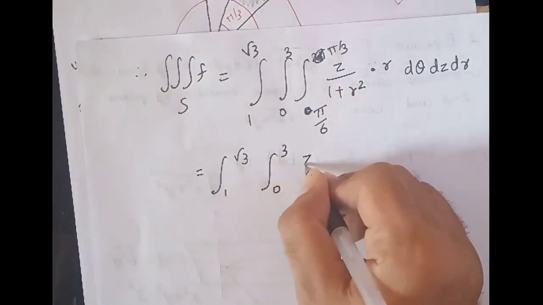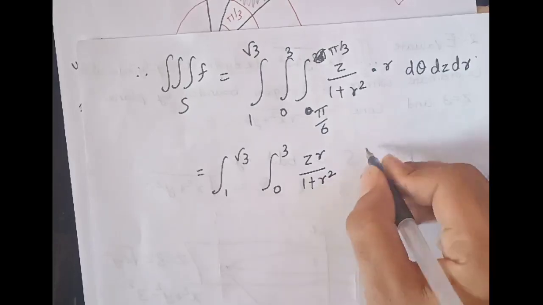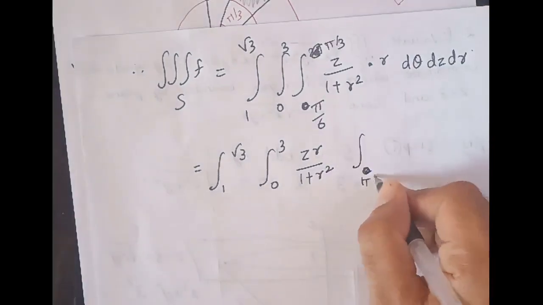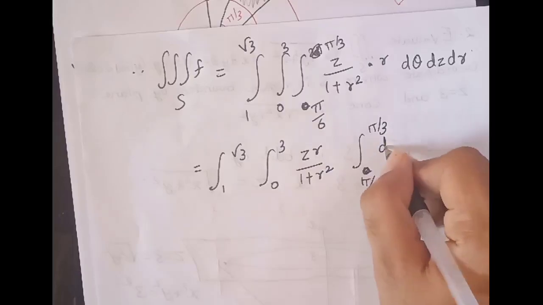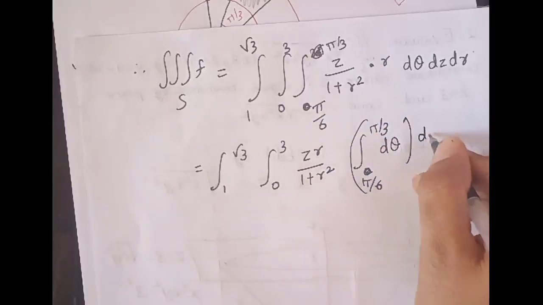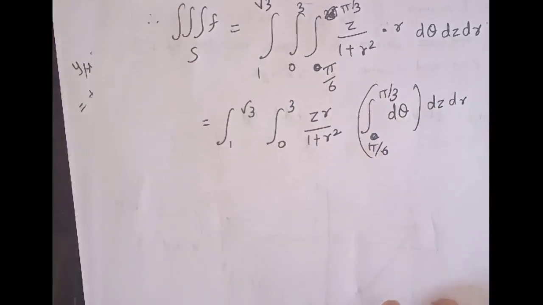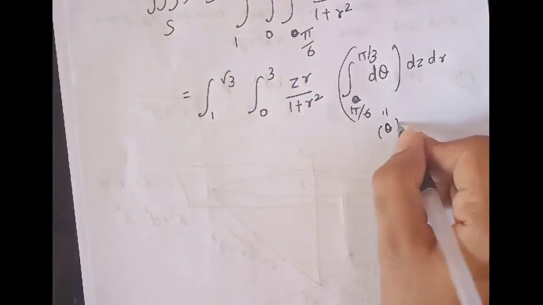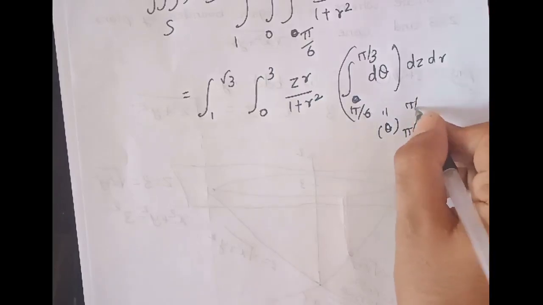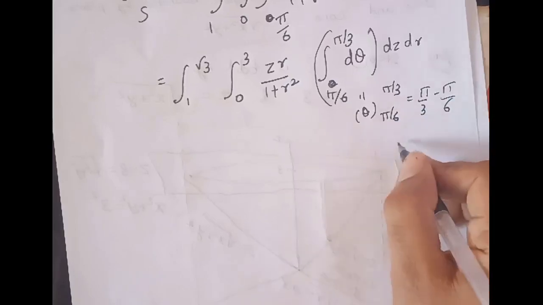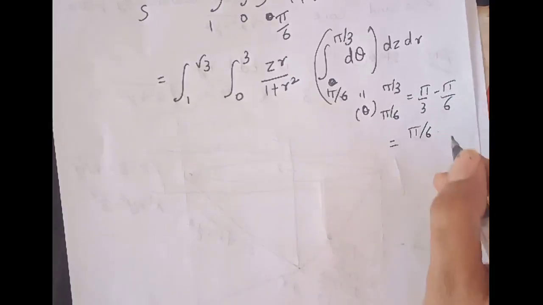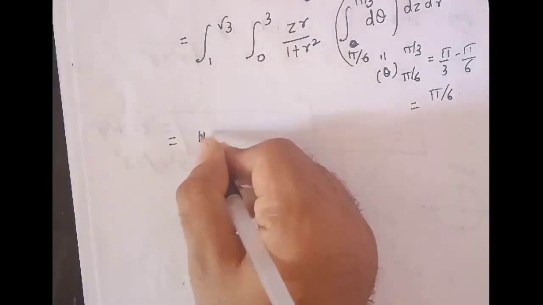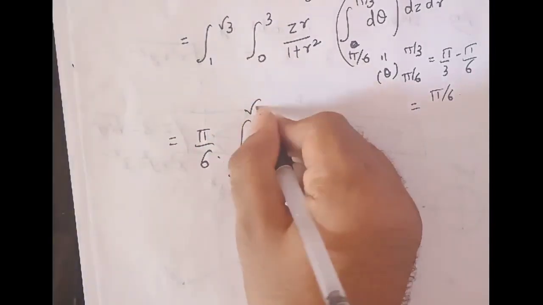So z from 0 to 3, z r upon 1 plus r square is a constant, theta from pi by 6 to pi by 3, d theta dz dr. Alright, so this will be just theta with the limit pi by 6 to pi by 3, and that is nothing but pi by 3 minus pi by 6, or simply it is pi by 6. So pi by 6 I'll write out, with 1 to square root of 3.